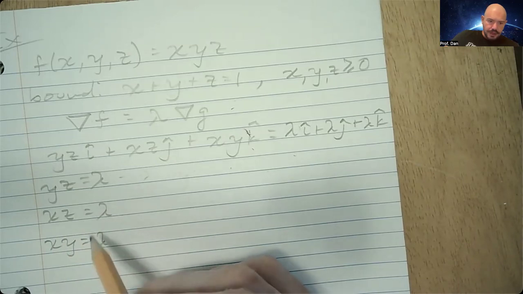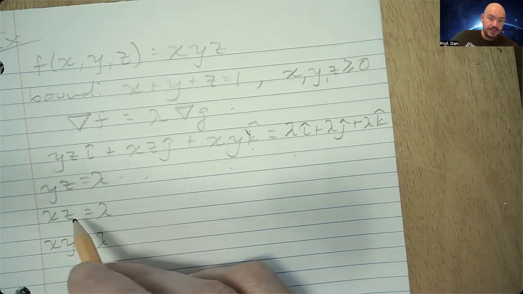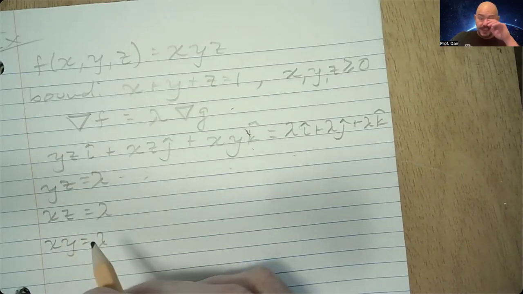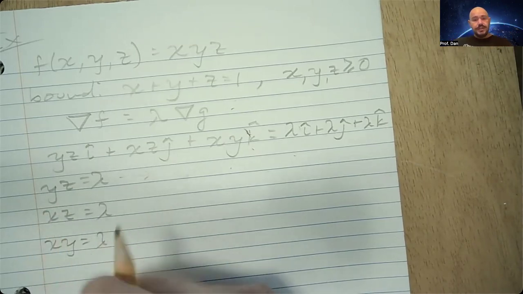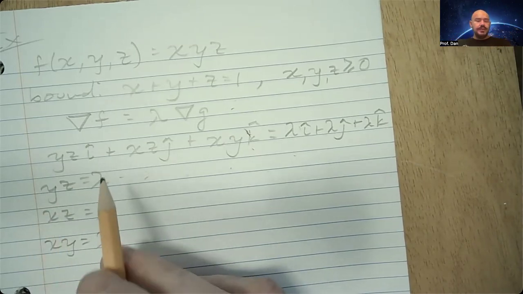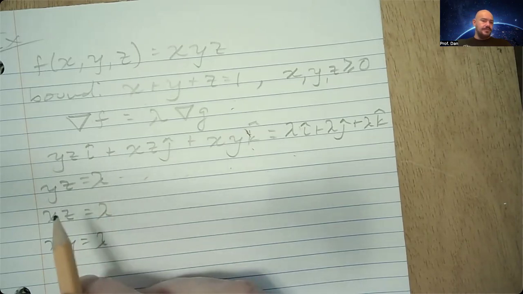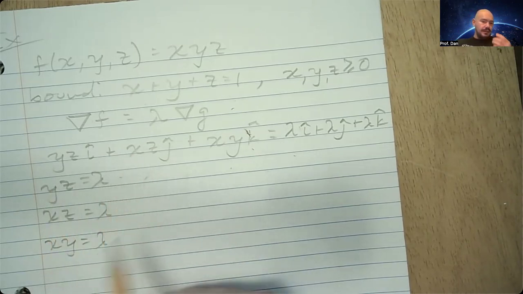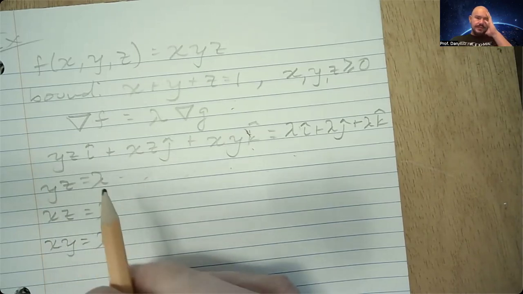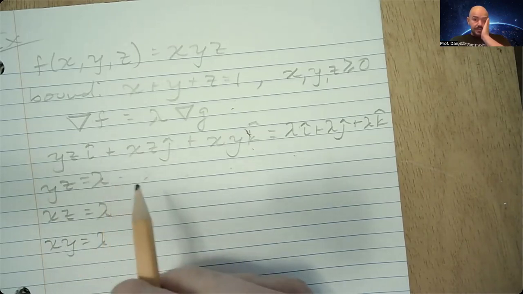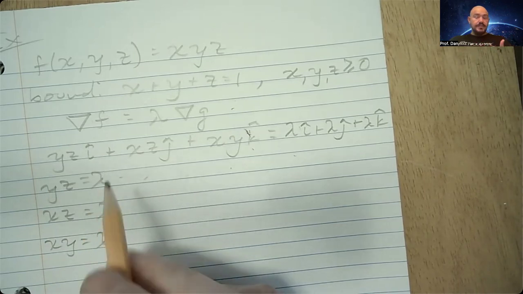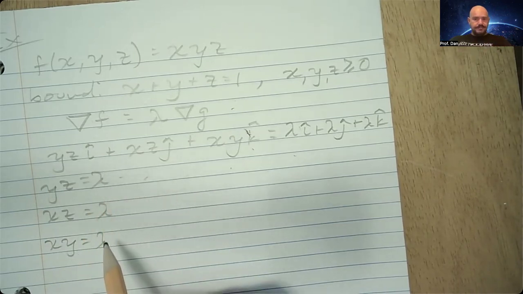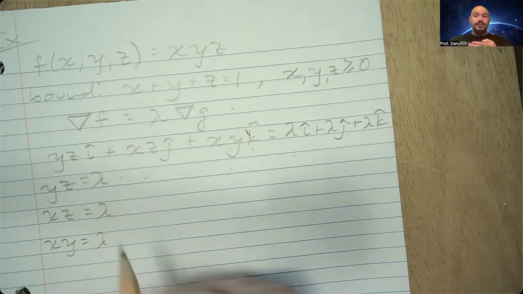So I could solve both of these equations for y and for z and get something that involves x that I could then plug into the third equation. That's not the only way that I can do it. If I wanted to, I could solve these 2 equations, one for x, one for y, and then plug them both into this one. But the point is, if I solve 2 of these equations, then I can substitute the result into the third equation. That's what we're going to do here.